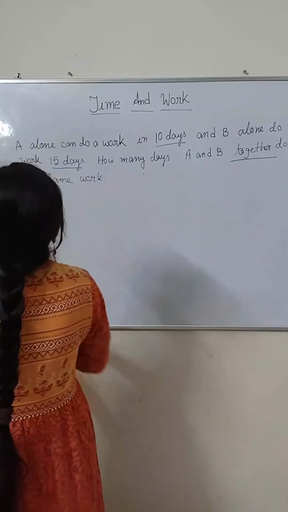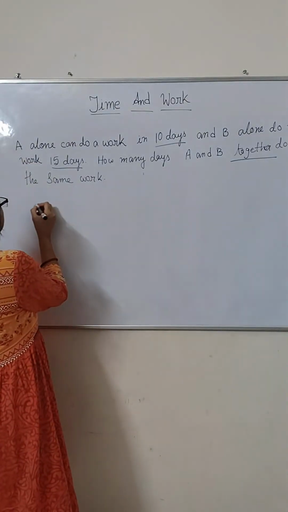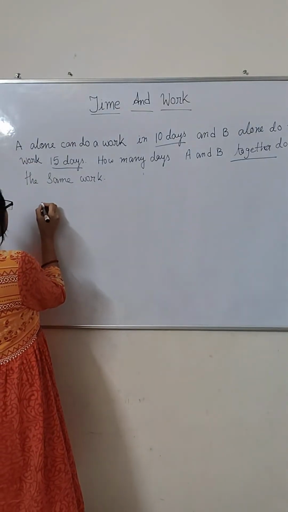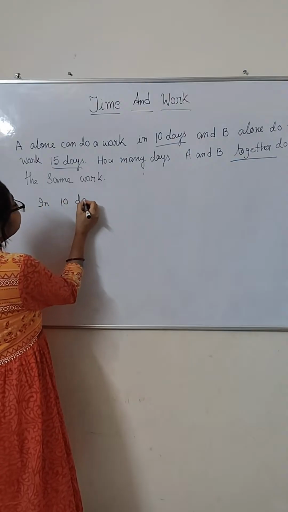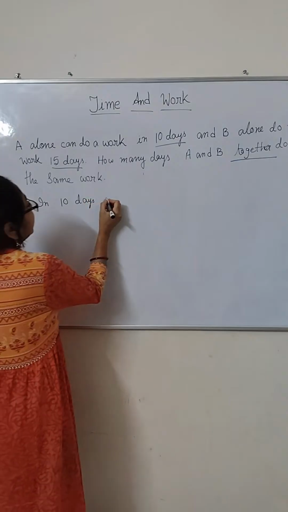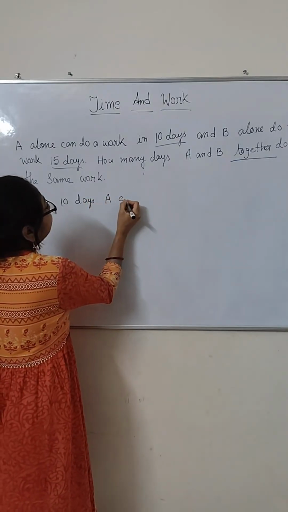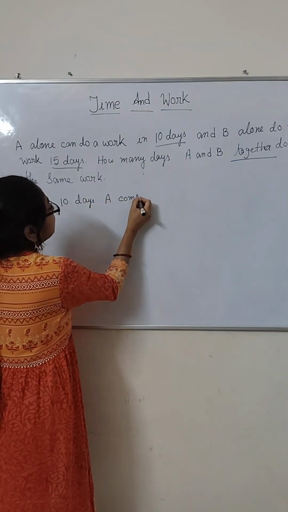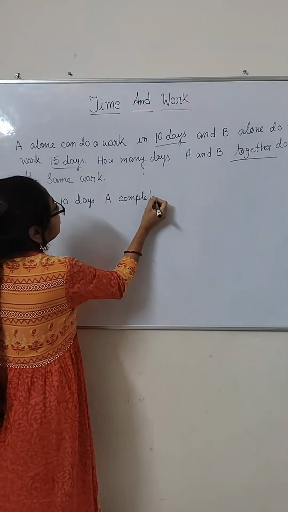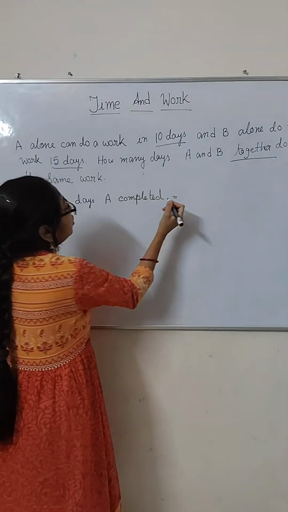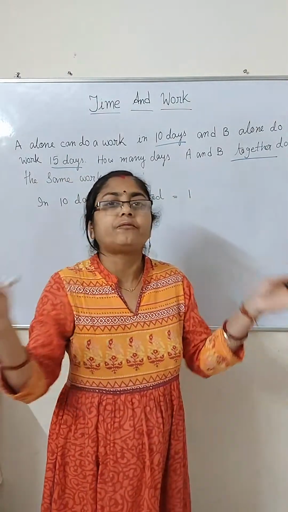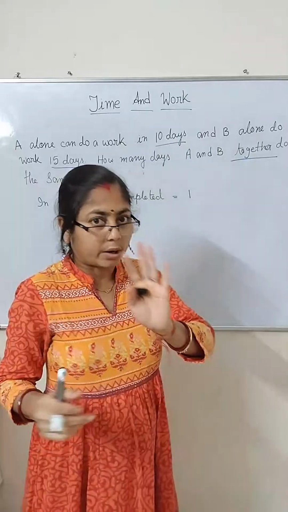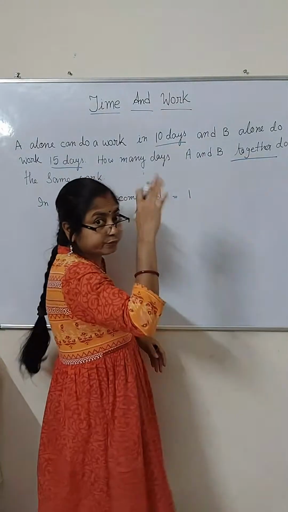Number 1. In 10 days A completed equal to 1 work. Here there is no 2 work, 3 work, 5 work. So I take it 1 work. 1 work means full work.